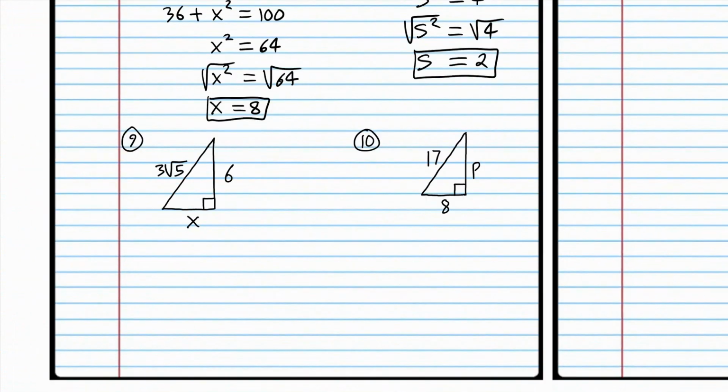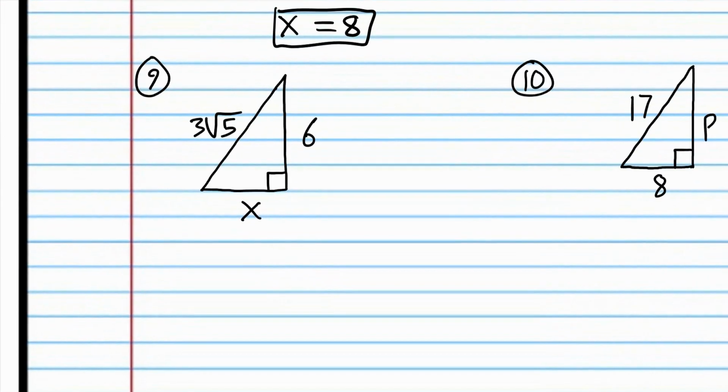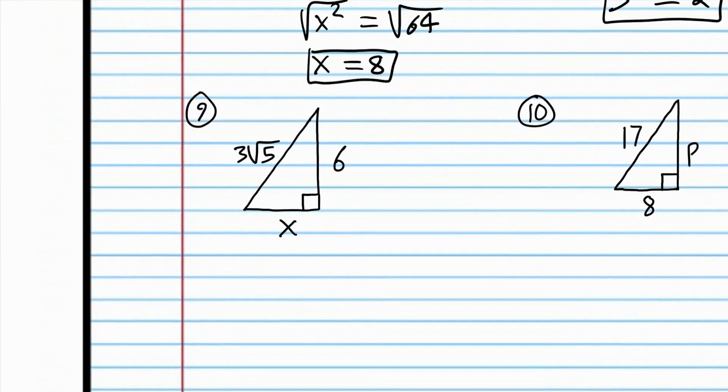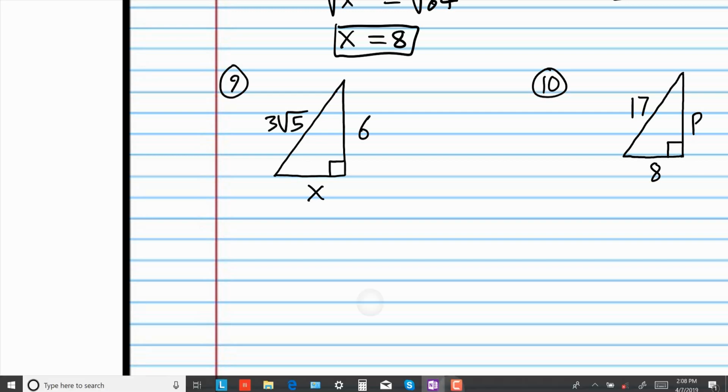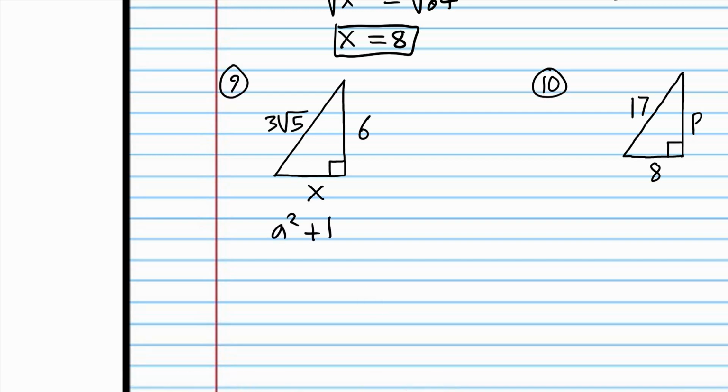All right, so hopefully you're getting the hang of this now. On to problem 9. The most important thing is that you understand the Pythagorean theorem. Some of these math principles you may need to review by going back to my beginning algebra course. a squared plus b squared is equal to c squared, and c is the hypotenuse of the right triangle, and a and b are legs of the right triangle.